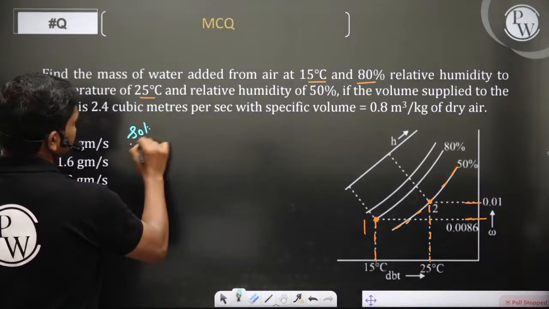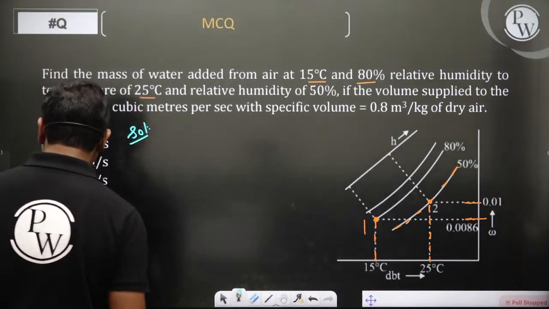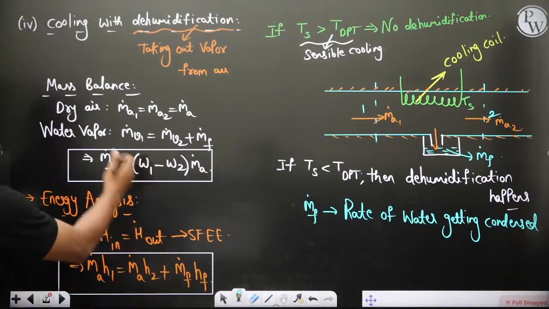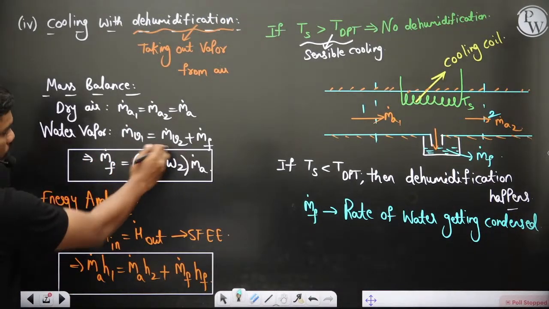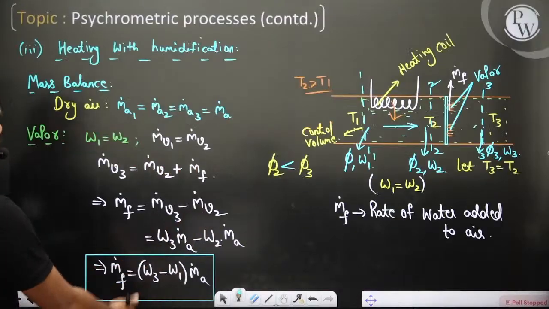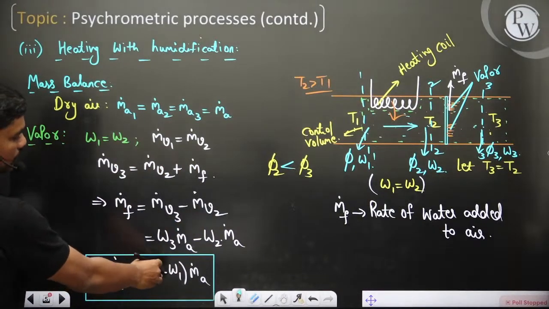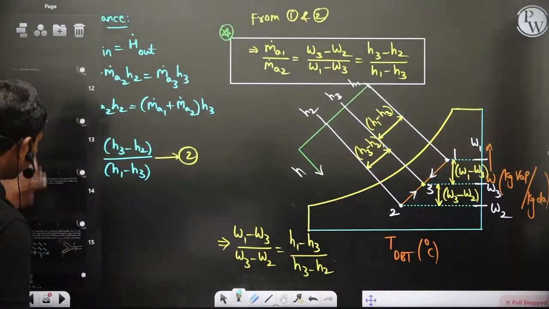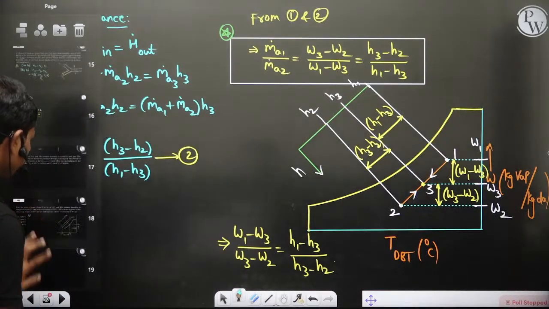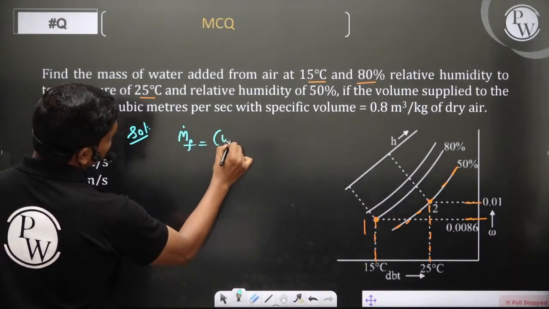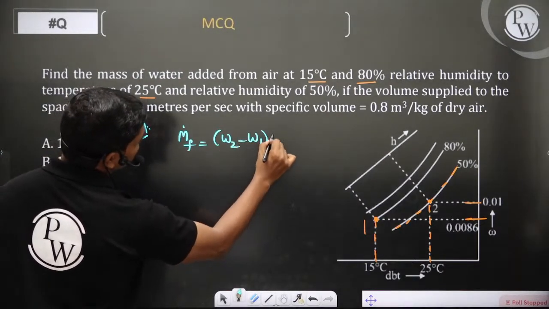We all know in this heating with humidification process, m dot f is omega 1 minus omega 2 times m dot a. Of course, this is for dehumidification. In case of humidification, if you have only two states, m dot f is equal to omega 2 minus omega 1 times m dot a.